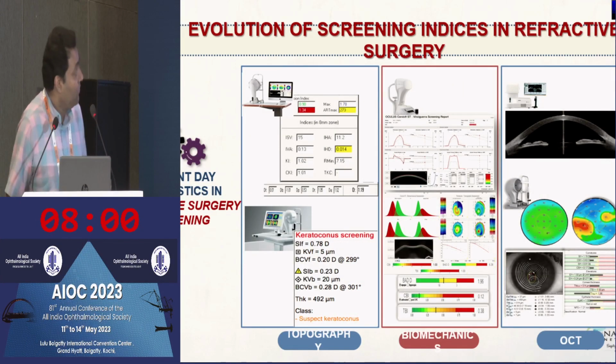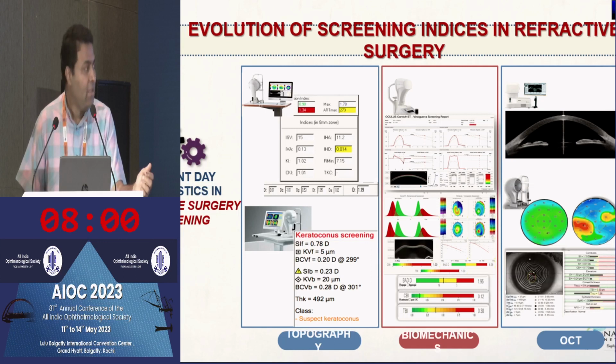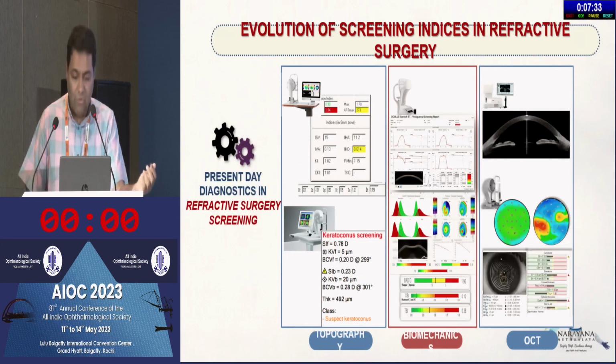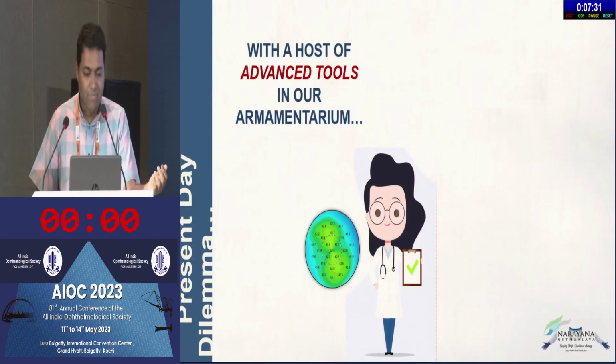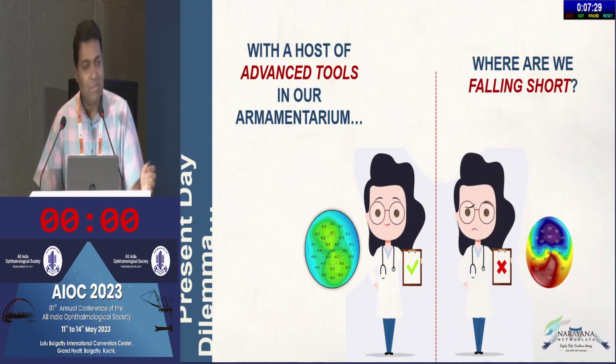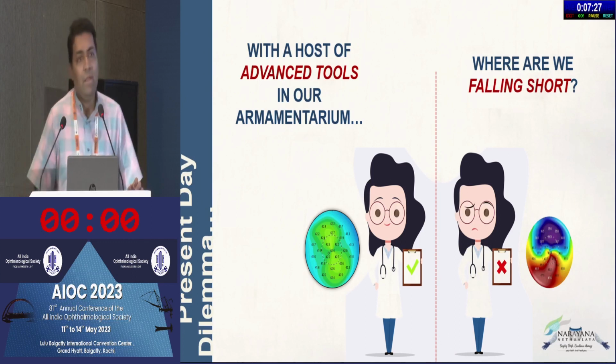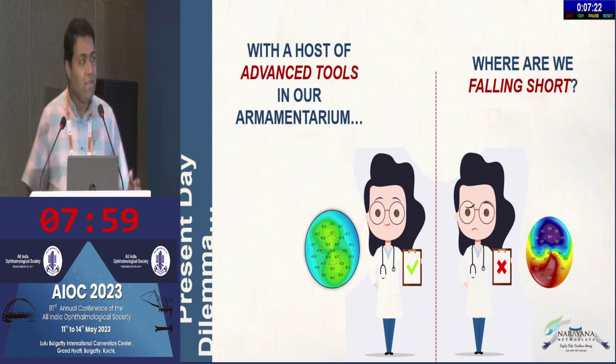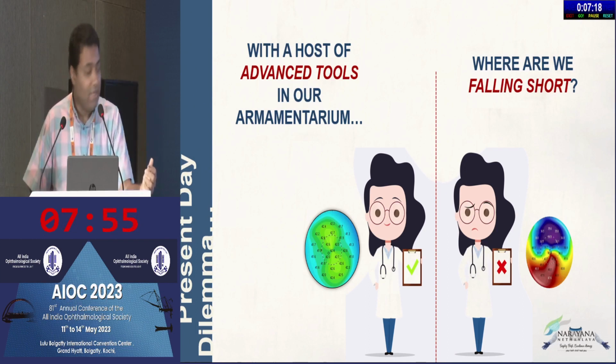The evolution of refractive surgery started with different technologies, and that involved different indices. And every new year, we come out with new indices which are said to be better than the previous ones. But the challenge is still that we are falling short, even though when we publish, the sensitivity and specificity of a lot of them, including Pentacam, are close to around 90-95%.